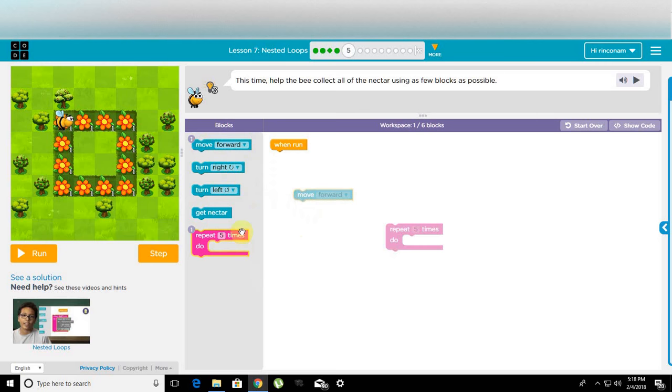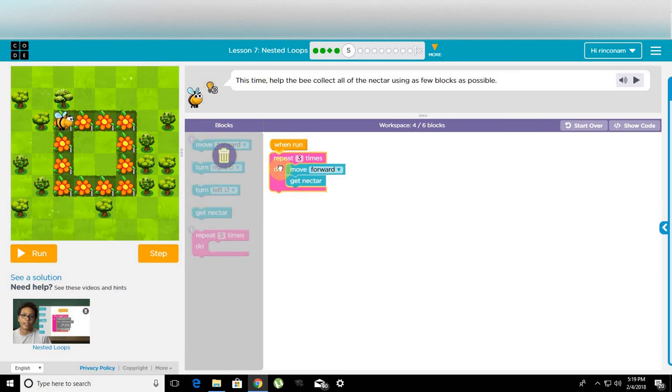By moving forward and getting nectar, I know that will take care of this flower here, but since this is a nested loop lesson, if this is the most basic process in this puzzle, I know that repeating that 3 times is what's going to take care of the top row of flowers.